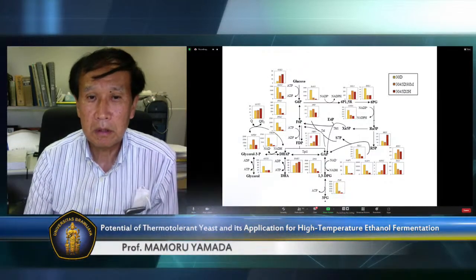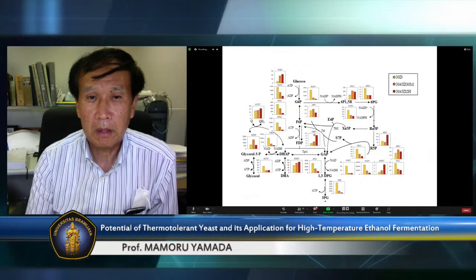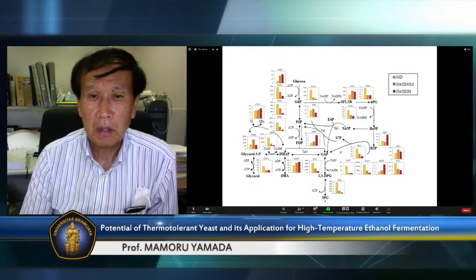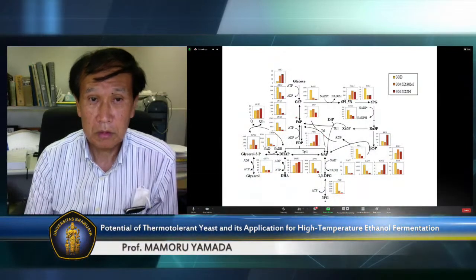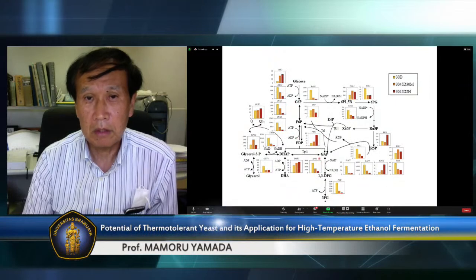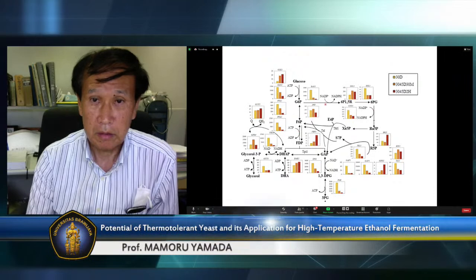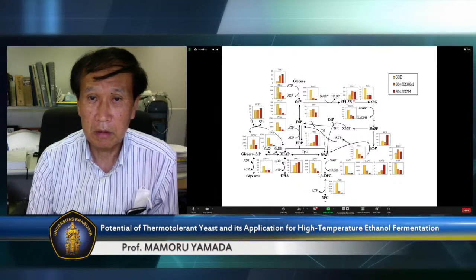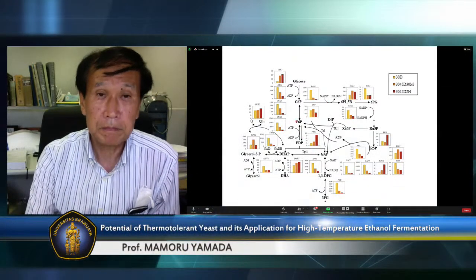And especially FBP1, which is needed for gluconeogenesis, increased. So it looks like glycolysis is down-regulated and the pentose pathway is nearly constant, and then maybe cycling this pathway.